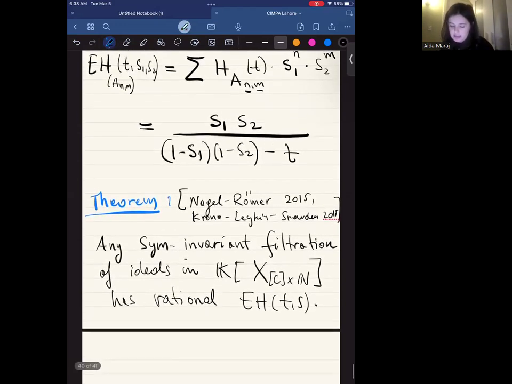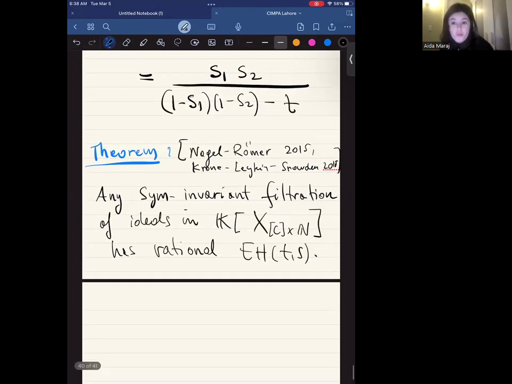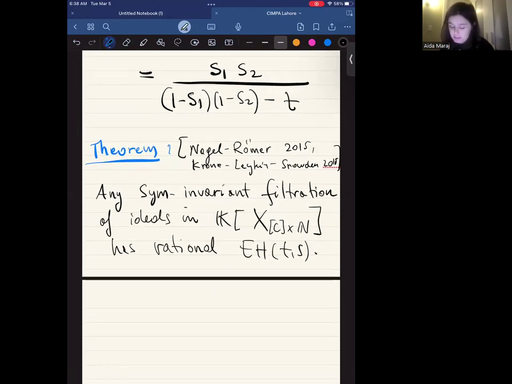And the answer is potentially no, but there are no written counterexamples. Maybe some words about the proof here. They do very different proofs. Nagel and Römer go heavy on trying to compute it and say it must be of this form, the rational presentation. But Krone, Leykin, and Snowden introduce this formal language theory that I will dive into more depth soon.